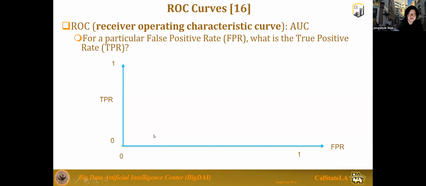And then using false positive rate and true positive rate, you can draw the chart called the ROC curve. That stands for receiver operating characteristic curve, or simply you call it AUC, like an area under the curve.